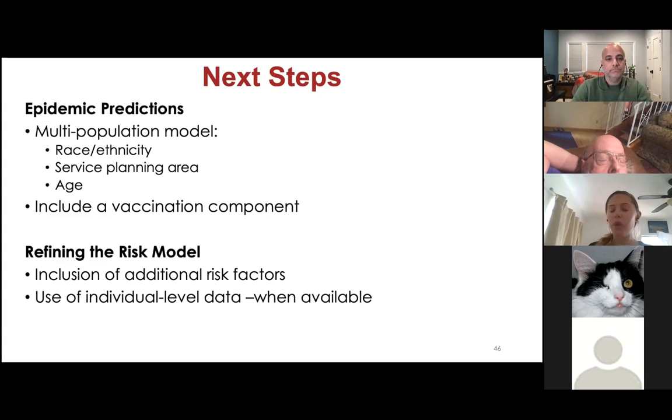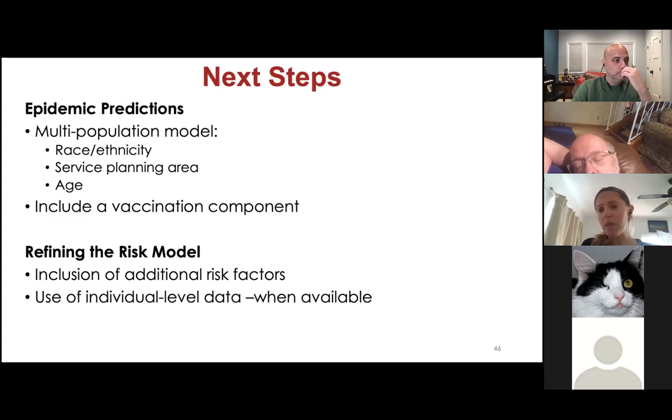So if we have access to individual level data, which is becoming an option now, we will be able to do that, and it will be interesting to compare the results that we've gotten using the JAM approach on the population level estimates from the marginal risks for these different factors. It'll be interesting to compare that to individual level estimates if we're able to get that data.